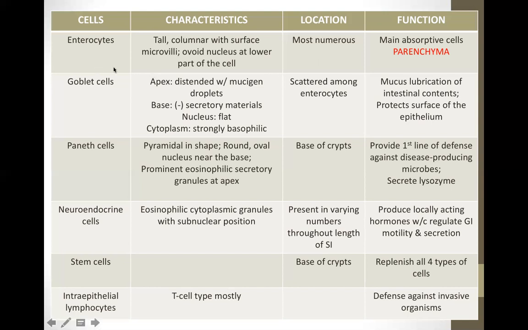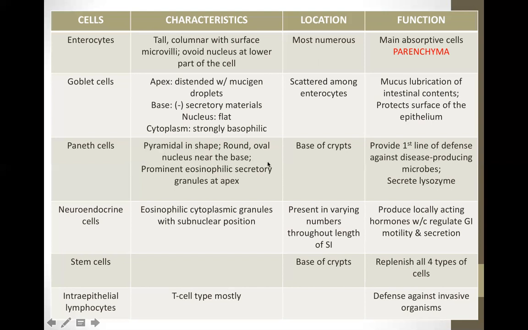The goblet cells, as described a while ago, they are scattered among enterocytes, and they provide mucus lubrication sa intestinal contents. Okay, they also protect surface epithelium. Kaya nga the mucus not just lubricate, it also protects the surface. The Paneth cells, they are described as pyramidal in shape.